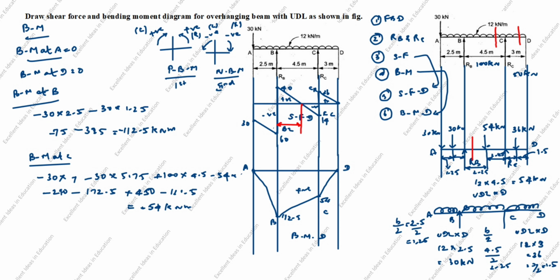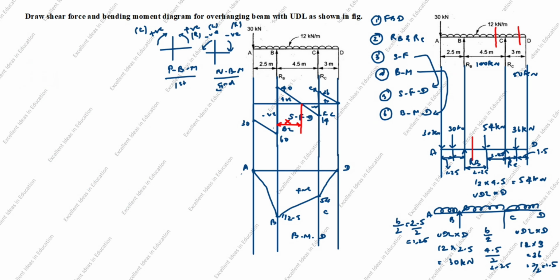We will take it as this is X. I will draw here. You see here this value is 40. You see this value is 14. This one we will take it as X. How you will calculate this distance? You see this whole distance is 4.5.